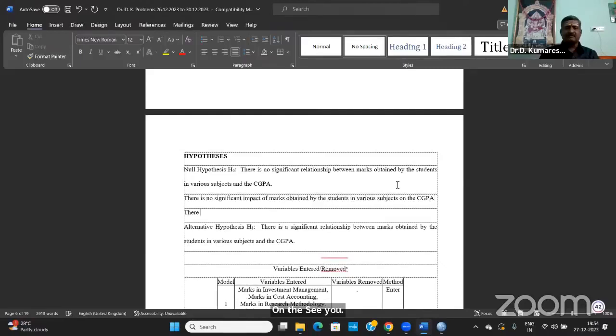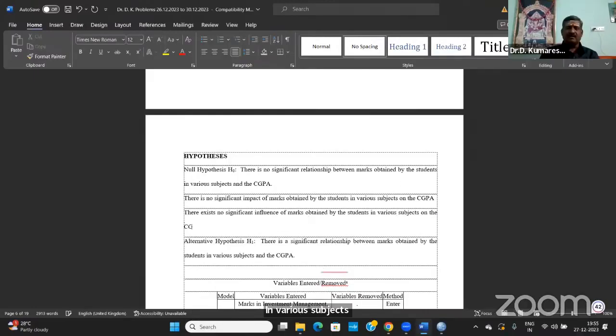There exists no significant influence of marks obtained by the students in various subjects on the CGPA. Another format, that's all.